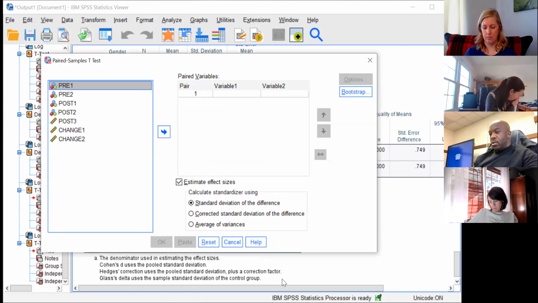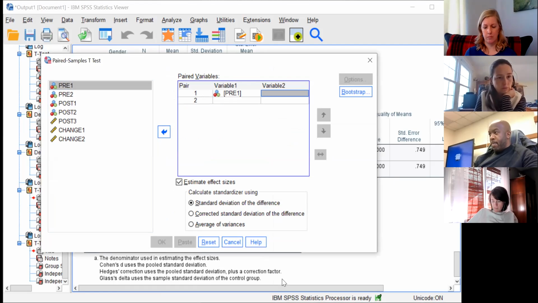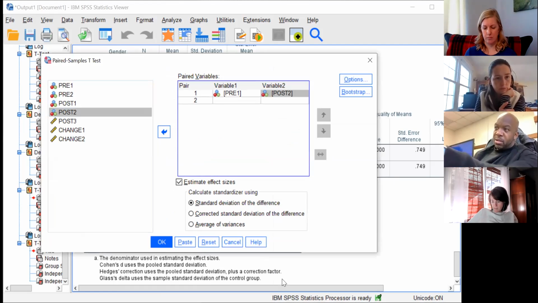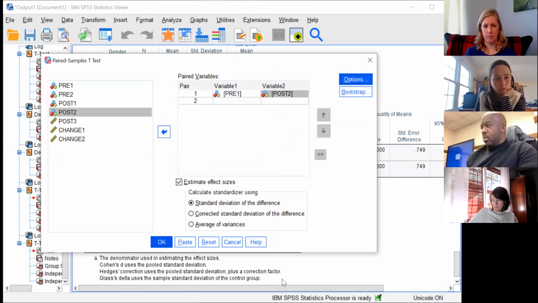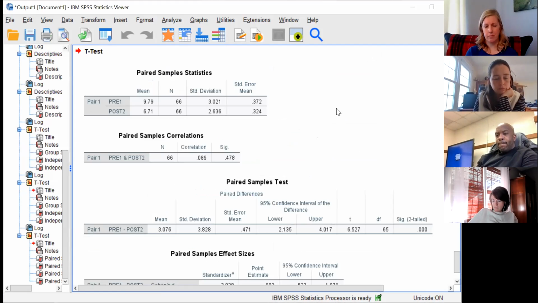We're going from pre-1 to post-2, so I've got to get both of those in there, pre-1, post-2, and continue. Okay. And so in paired samples, we see that obviously there is a difference here.